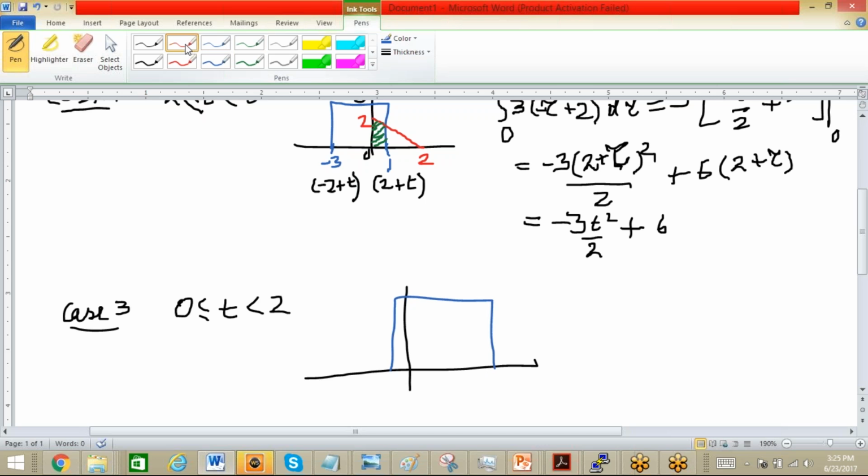We can see here that this time we can achieve a kind of complete overlap, something like 2 plus t, and it will be like minus 2 plus t.